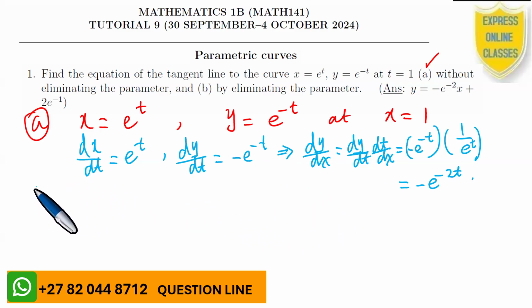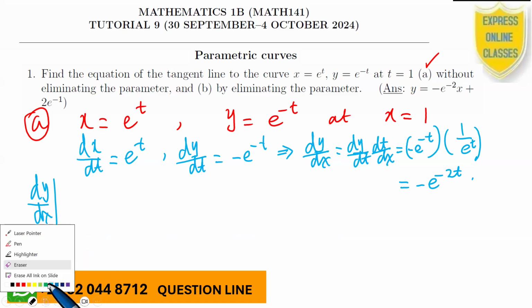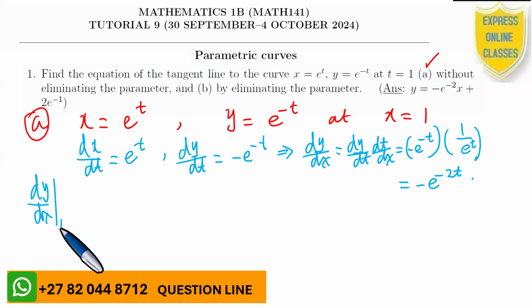We actually can find dy/dx at t equals 1, which is minus e to the minus 2t at t equals 1.